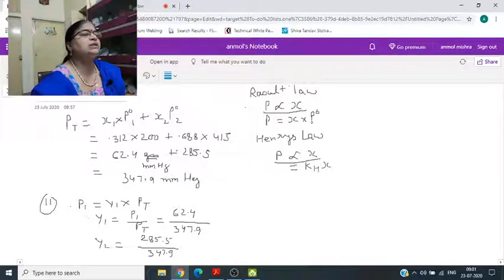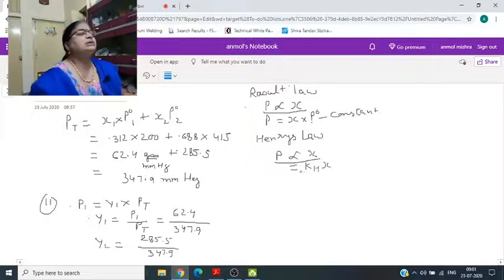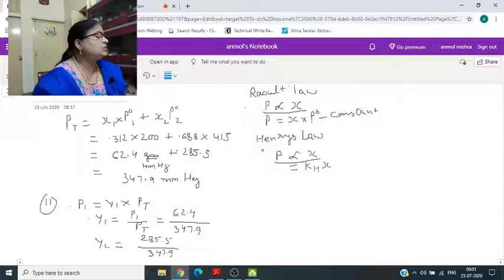The only difference is in the constants. In Raoult's law it is the pressure in the pure state, and here it is Henry's constant. So we can consider Raoult's law as a special case of Henry's law.